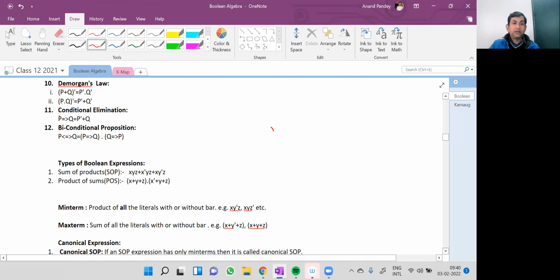Now next is the conditional proposition. This law is for conditional propositions. It is also called conditional elimination.